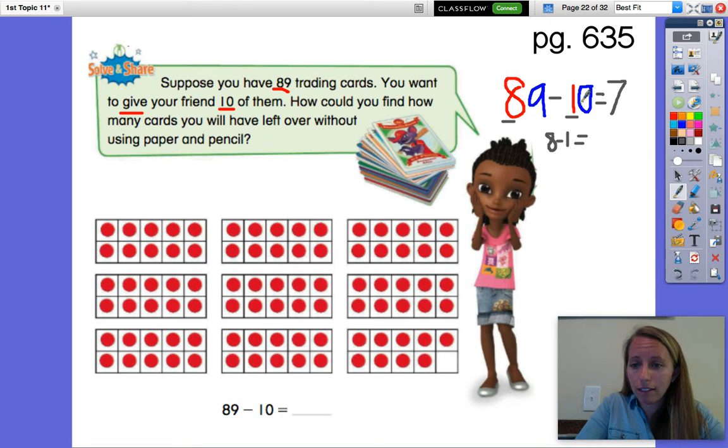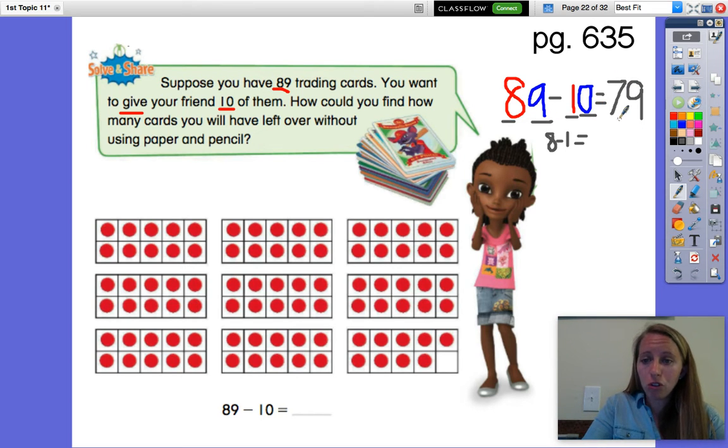Now 9 minus 0. We know anytime we're adding or subtracting 0, the number doesn't change, right? If you have 9 cookies and someone takes away 0 of them, you still have 9 cookies. So our ones place, 9 minus 0, is not going to change. Only the tens place does. So our answer would be 79 trading cards.